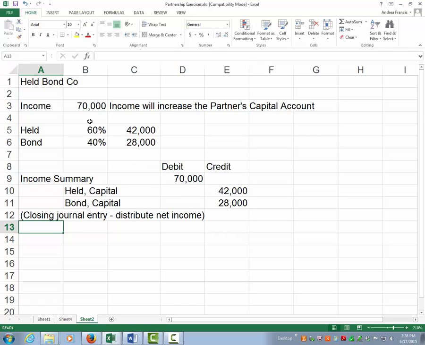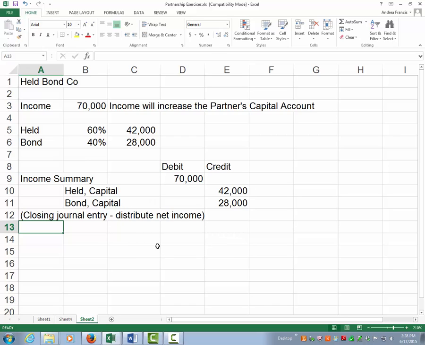So in the end, instead of just doing a calculation, we are actually allocating those amounts. If the partnership had to end tomorrow, Held would be owed income of 42,000 and Bond income of 28,000.